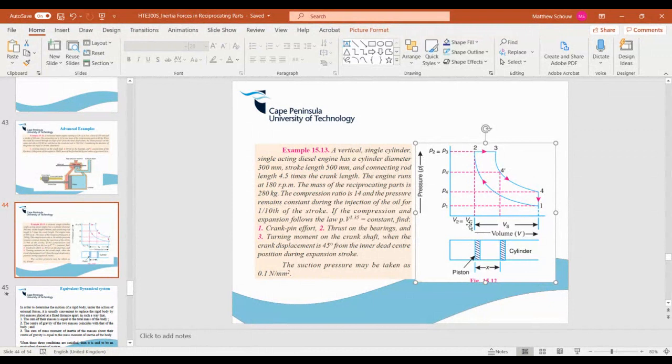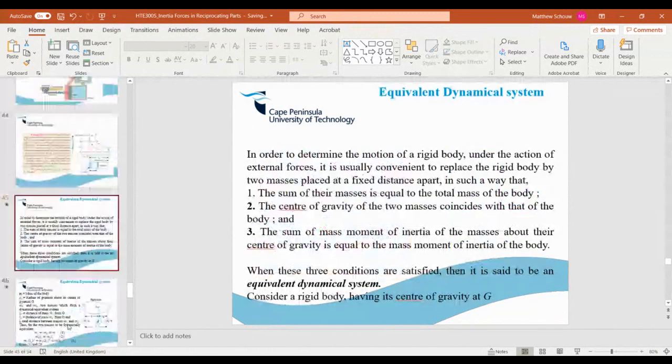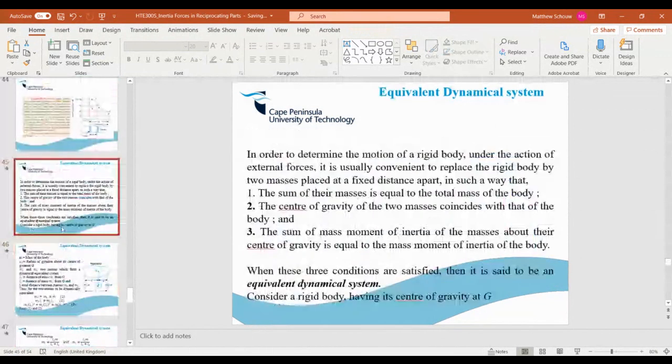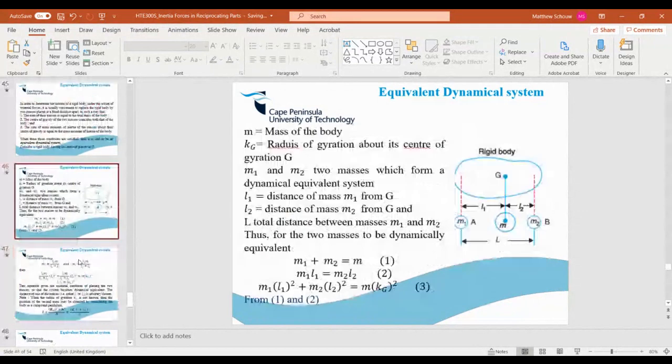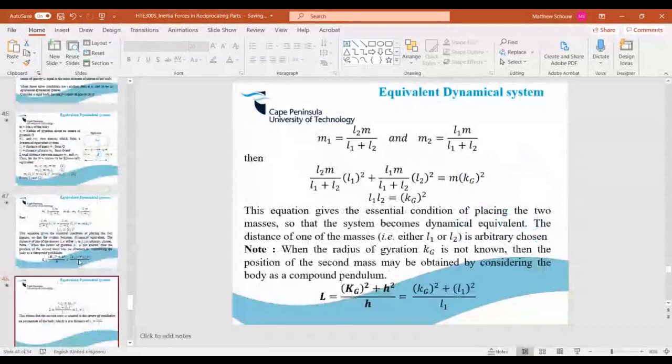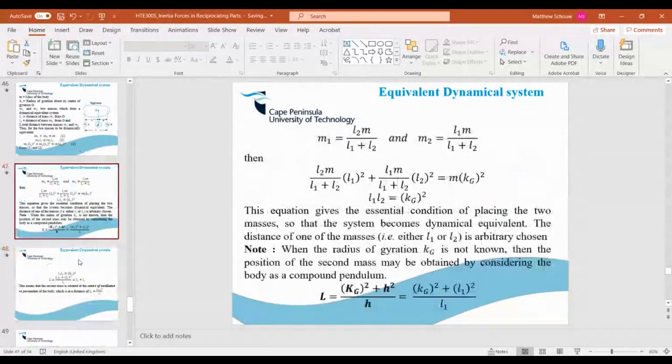Yeah. So that is why I've decided to mostly focus on this now and not worry about the equivalent dynamic system. Just for information's sake, what we basically do is take the connecting rod and make it into a two-mass system, and that's all we're doing.